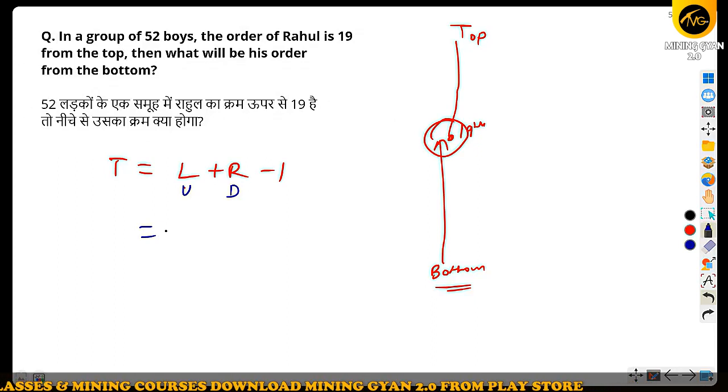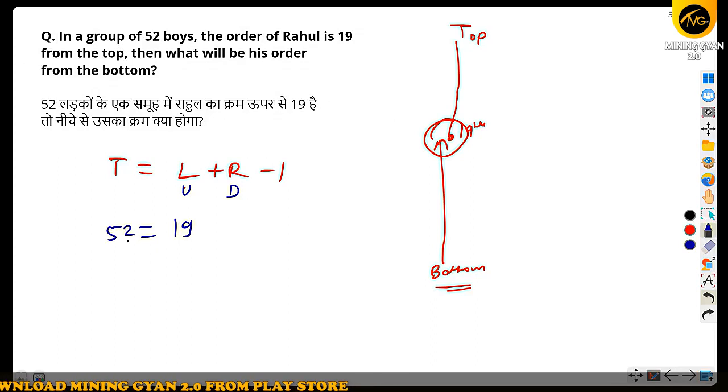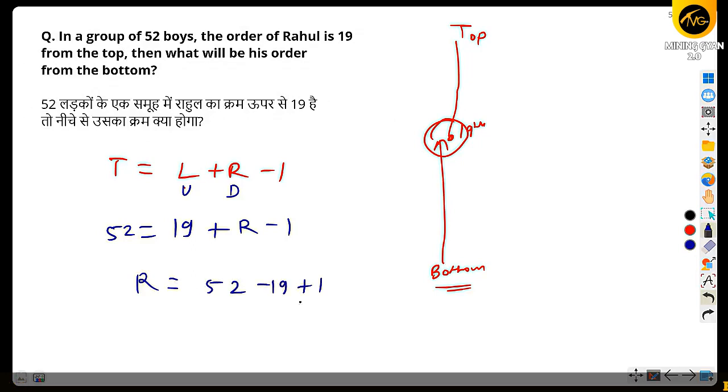So suppose the ranking from the up direction or top position is 19th position, and total students are 52. Now we have to count the order from the down direction or bottom position, so you can calculate r minus 1. Now r is equals to 52 minus 19 plus 1.